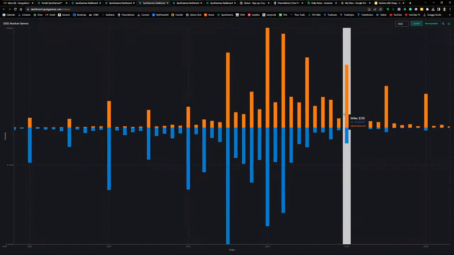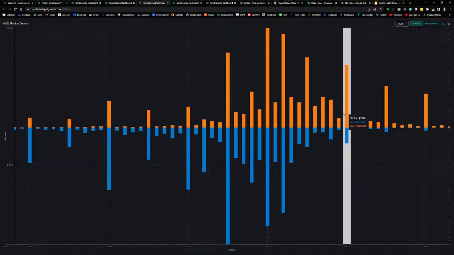And one thing I want to point out is there is a difference in the call wall level shown in the SpotGamma AM Founders Note. It's shown at 325, and in Equity Hub it's shown at 330.